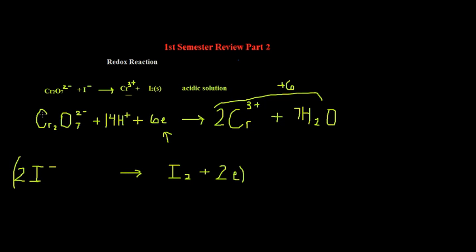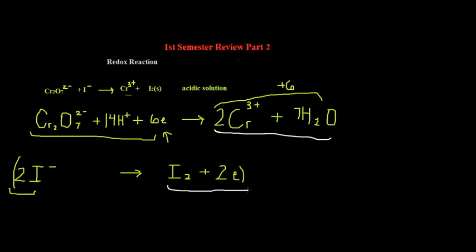So basically the whole redox equation is this whole thing plus this on the left side, and on the right side is this whole thing plus this whole thing, right?